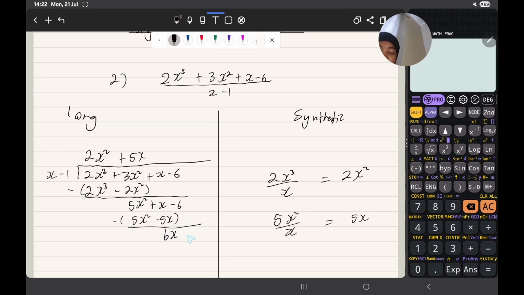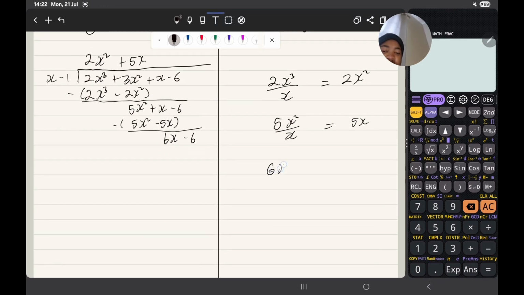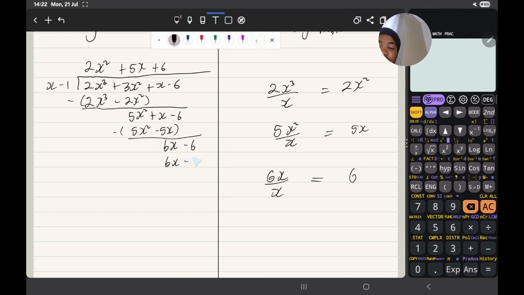Then you bring down minus 6. And then we focus on x. 6x divided by x, you get 6, so plus 6. You multiply, you have 6x minus 6, and you subtract, you get 0 here.